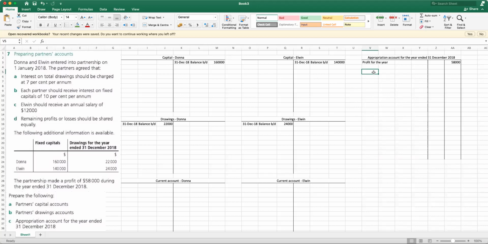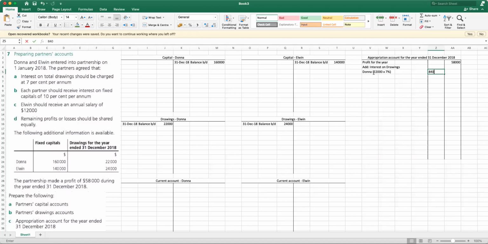The first thing that we need to do is we need to add interest on drawings. So if we need to add interest on drawings, we need to add according to the people. So Donna will be 22,000 multiplied by 10%. Because, no, 7%, sorry. Because it said that you need to pay 7% interest on drawings. So 7% of 22,000 would be 840.